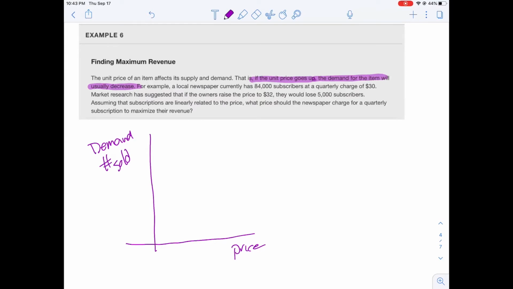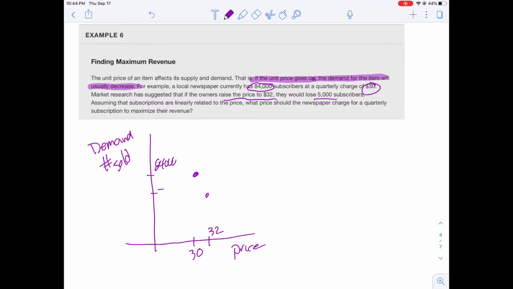And in our case, we say if it's at 84,000 subscribers with a charge of $30, it would be at 84,000. And market research suggests that if the owners raise the price to $32, they would lose 5,000 subscribers.